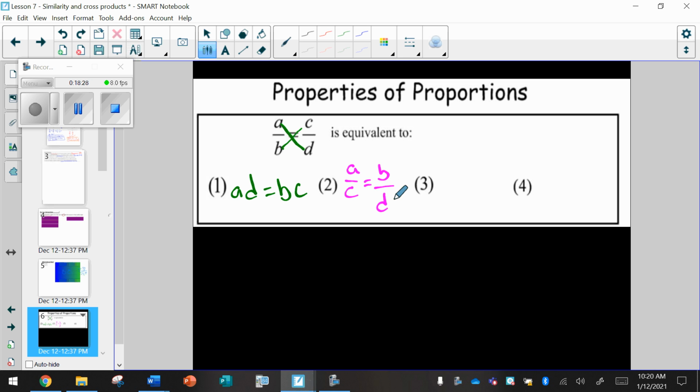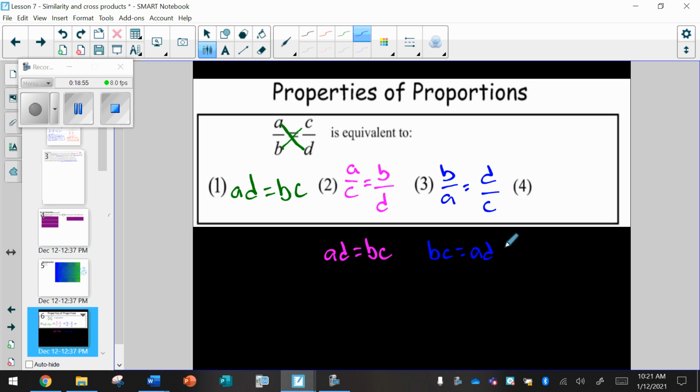Well, if you cross multiply, it's still A times D and B times C. So that proportion, even though it's different from the original, is perfectly fine. What about if I had B over A equals D over C? Again, if I cross multiply, I get B times C, A times D. That's okay. I could keep going with this, but I think you get the idea.